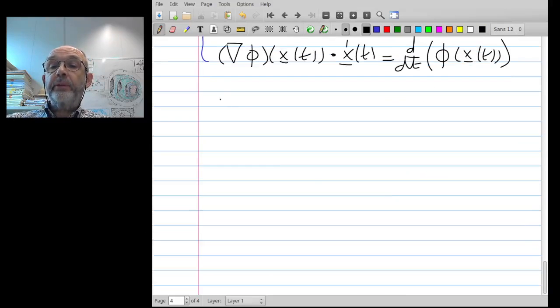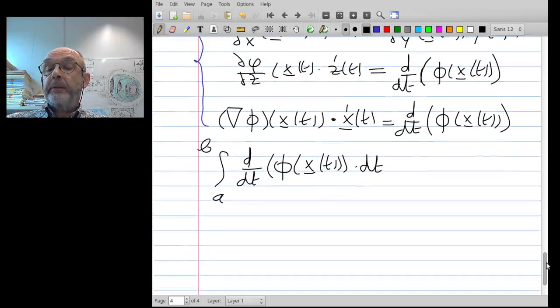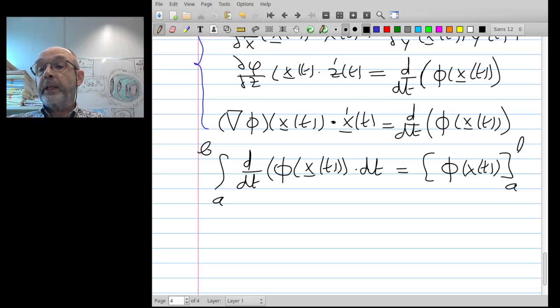We get the integral from a to b of the derivative of the potential along that line, dt. That is easy to calculate, because that is the potential of x(t) between the boundaries a and b.